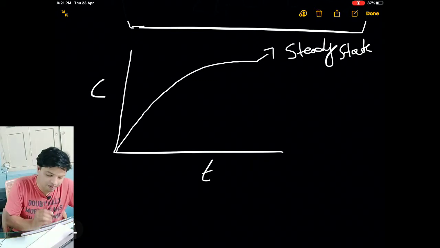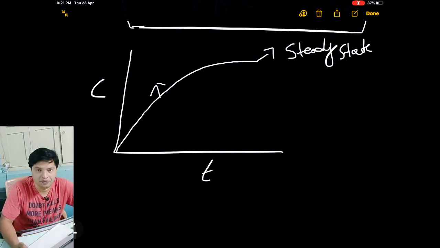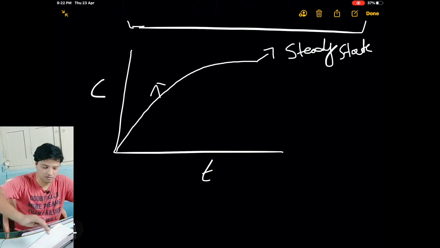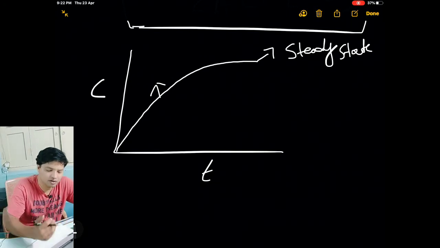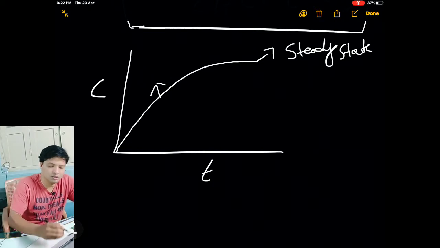What happens in steady state? Initially, in this phase there will be almost no elimination. Absorption is not there here; directly we are giving the drug into the plasma. The amount of drug in plasma is slowly rising.